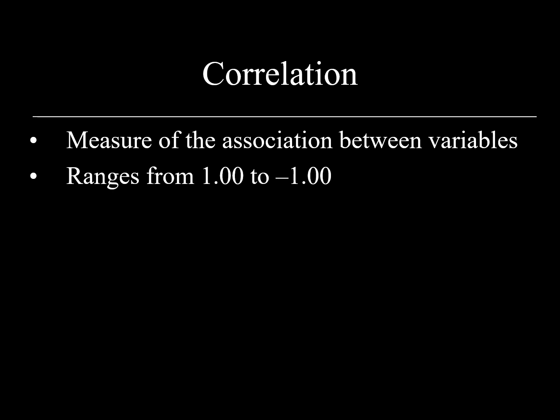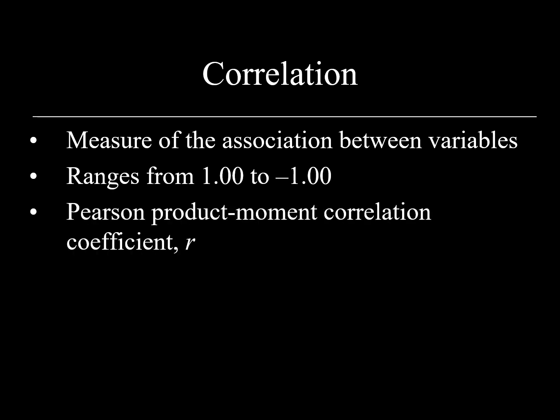As one goes up, the other goes down. That's perfect as well. We will almost never see correlations of 1.0 or -1.0. They'll probably be more in the range of closer to 0, but still statistically significant. So just recognize that when you actually calculate a correlation, if you come up with a number that is greater than 1 or less than -1, you've done something wrong.